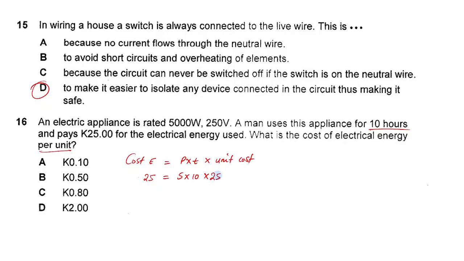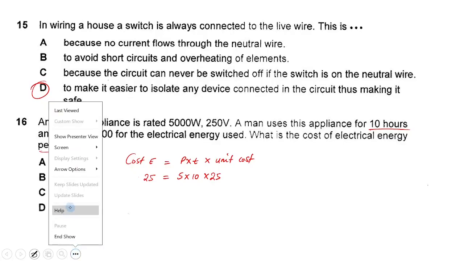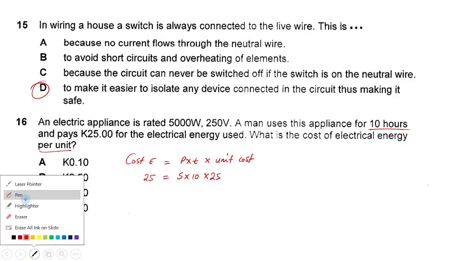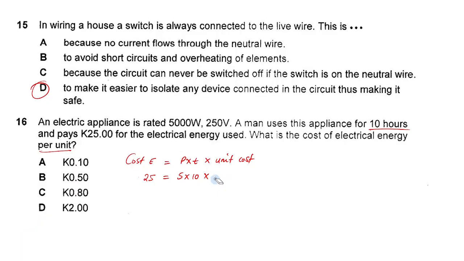Then they're saying cost. So here the cost per unit we don't know, so we'll just put unit cost as it is. So now we multiply. Here we'll have just 25 as it is.